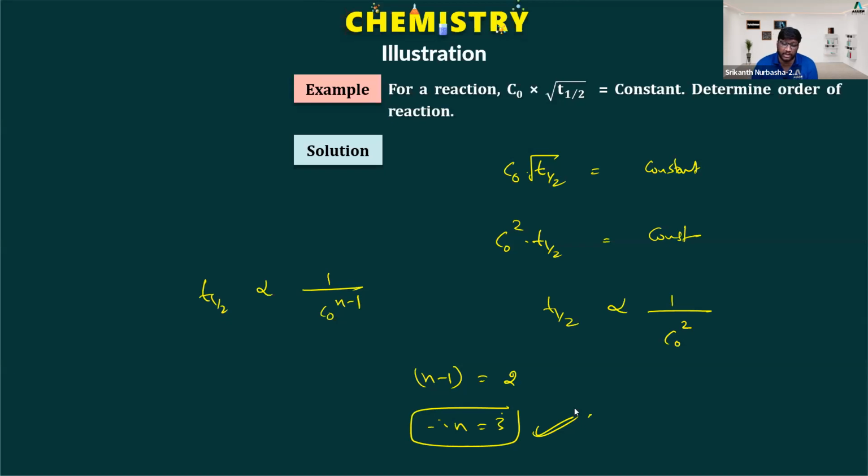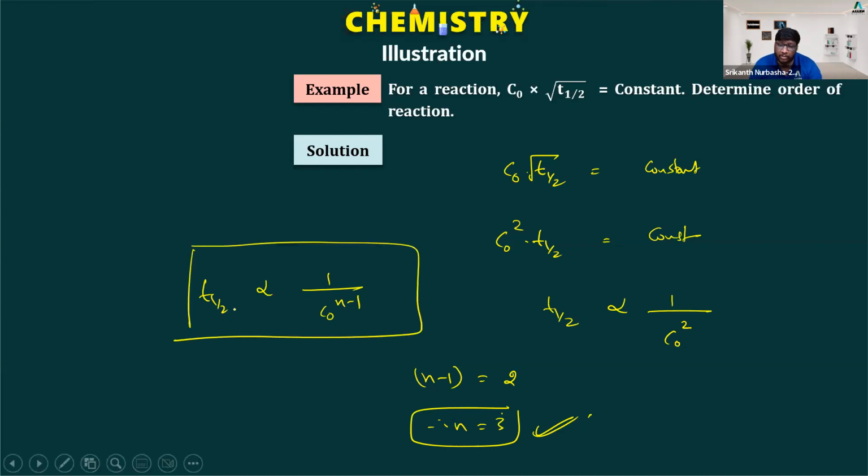The order of this particular reaction is going to be third order. Simple question. We just have to compare with this formula: T half is inversely proportional to initial concentration of the reactant raised to the power of n minus 1, where n is the order of the reaction.